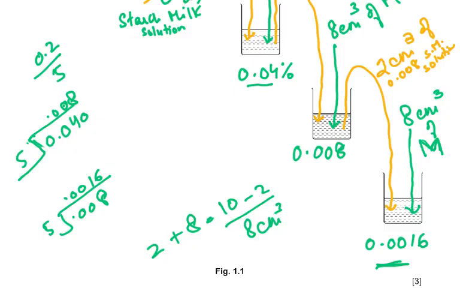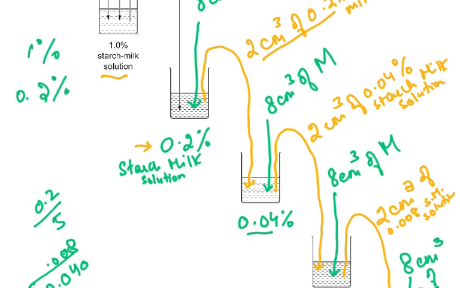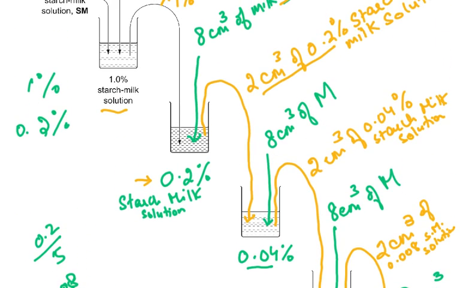Now how were you given the 3 marks? When you look at this, I can't show you the whole of it. How was I supposed to give you marks for it? The majority of candidates got all the 3 marks. The first one was if you got the concentrations right: 0.2%, 0.04%, 0.008%, and 0.0016.